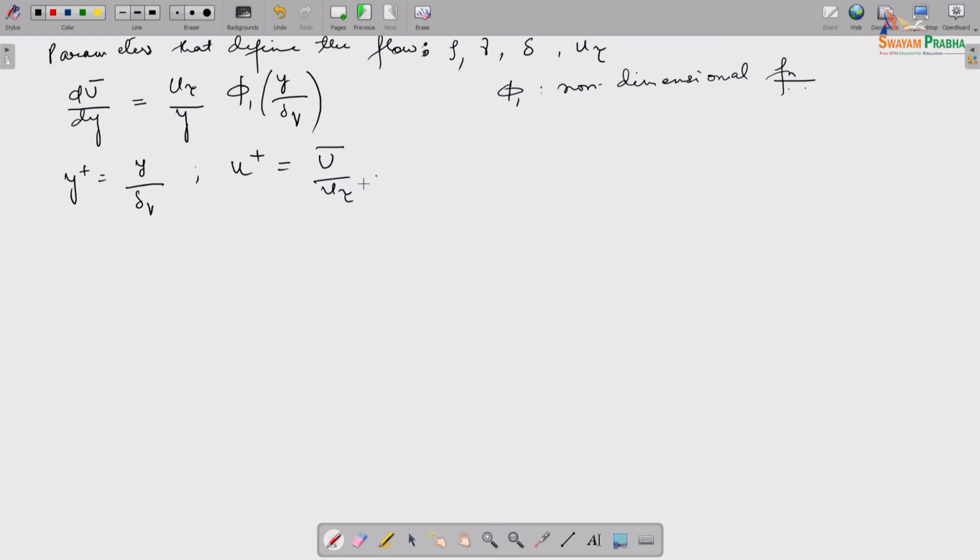So this equation, we write as d dy of u mean. u mean is actually equal to u plus times u tau, correct? You get that from here, is that fine?